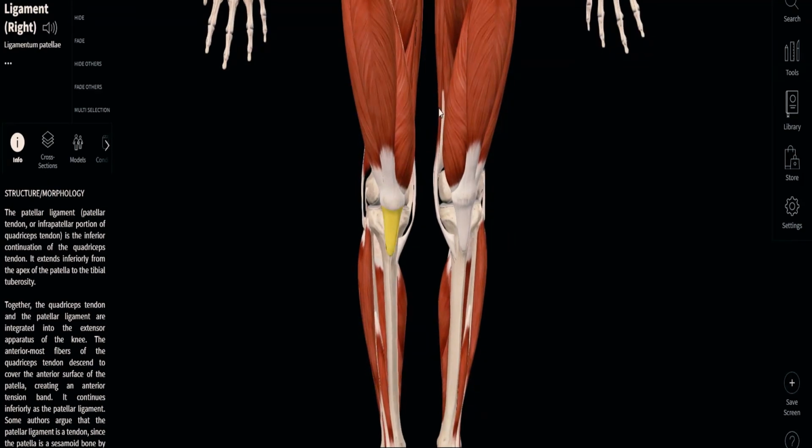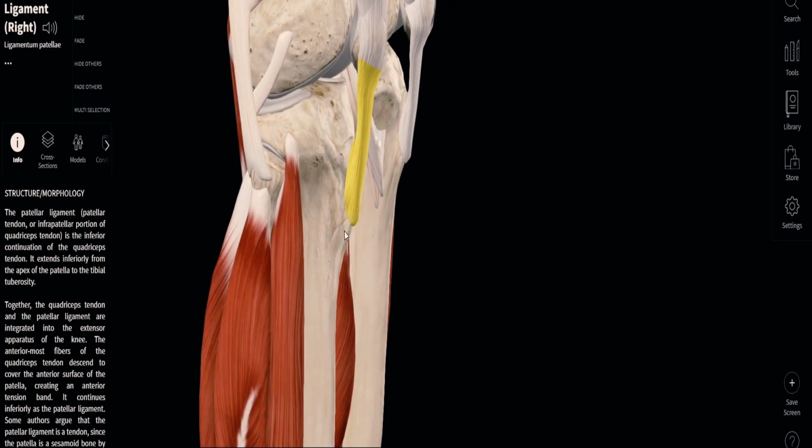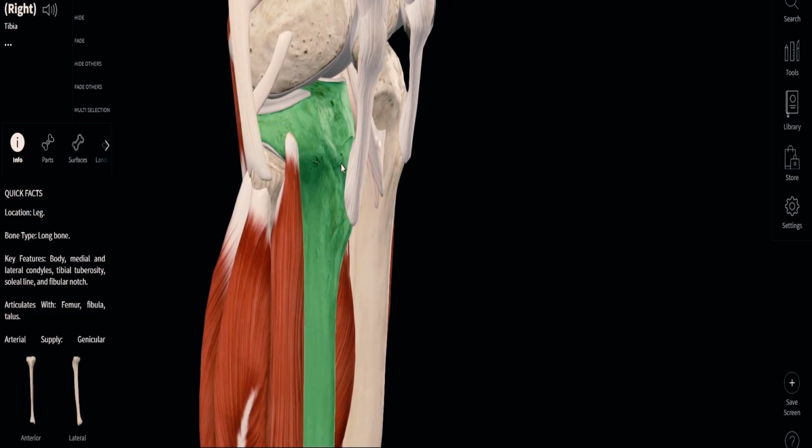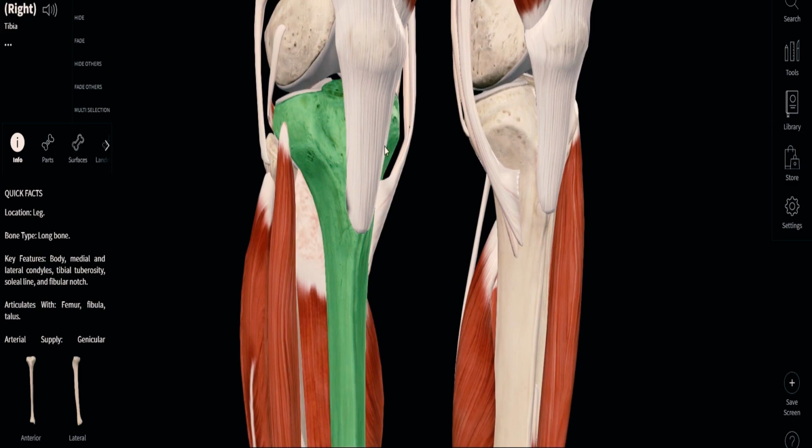So remember, the tendon is the connective tissue structure that attaches muscle to bone, and the bone in question here is the tibial tuberosity. That's this aspect just here, and this is where the force is transmitted through the muscle to the tendon, through the tendon, onto the bone to produce movement.